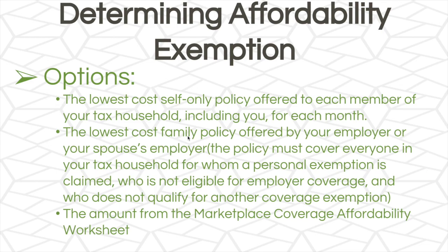Did I have the offer of a family policy, either by my employer or my spouse's employer? If my spouse's employer did offer a family coverage policy that would have covered me, this is the option we're going to use. So again, you're figuring out which one applies to you first, and then you're stopping. You aren't moving forward to the next one. And again, the logic is that if your employer is offering you coverage, it should be considered affordable. If it's not, you shouldn't be penalized for not purchasing it, because they should be offering you something affordable.